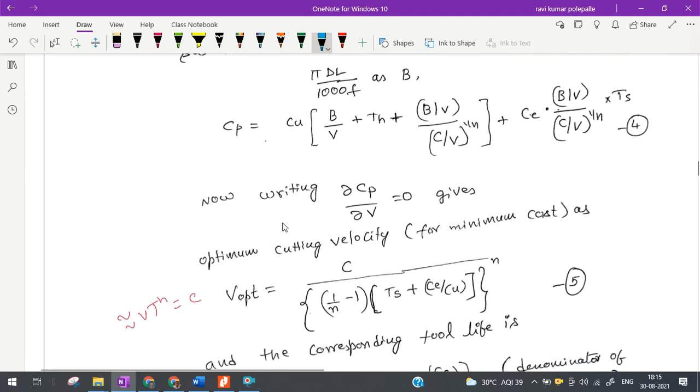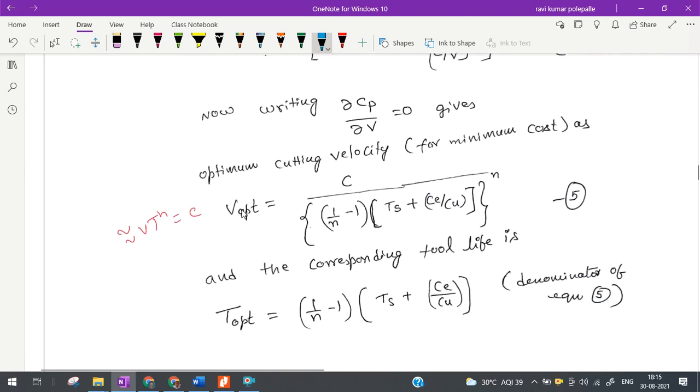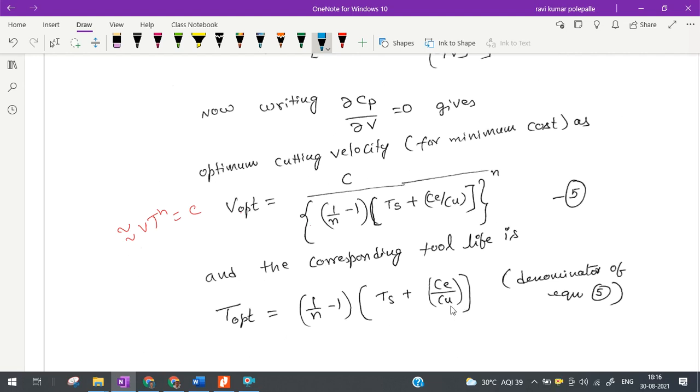So if I make the substitutions, I get finally the optimum cutting velocity for minimum machining cost as C divided by (1 by n minus 1, Ts plus Ce by Cu) full brackets to the power of n. If I understand this as T, so this is going to be the optimum tool life. T opt is equal to (1 by n minus 1) into (Ts plus Ce by Cu), right?